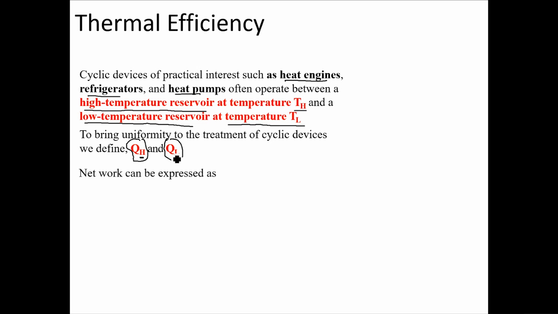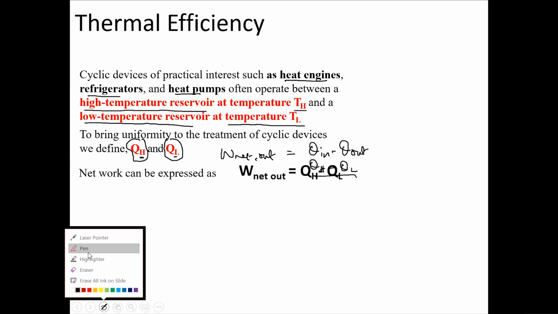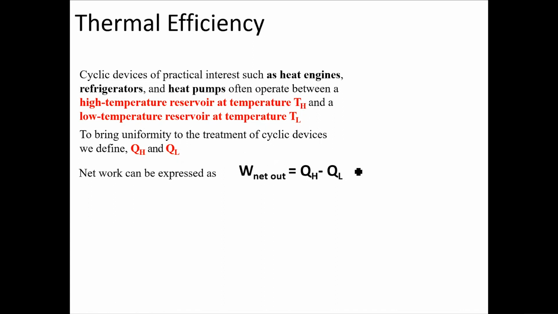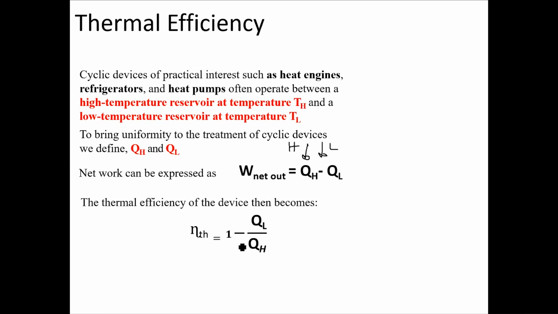So the net work could now be expressed as, if you remember, work net out was Q in minus Q out, which is essentially QH minus QL. So you replace in and out with the reservoirs. This is representing high temperature and this is representing low temperature. And the efficiency of the device could then be expressed as 1 minus QL over QH, which was initially 1 minus Q out over Q in.